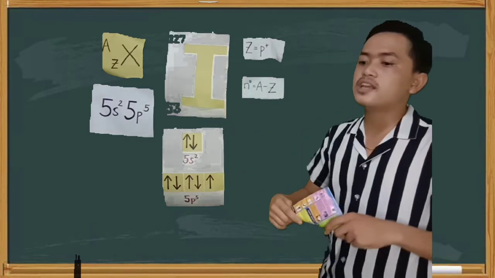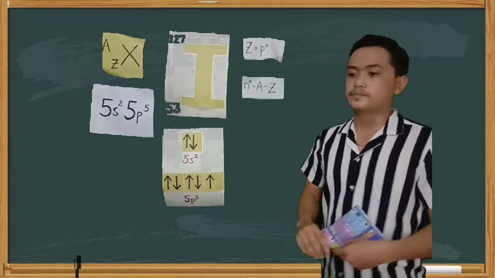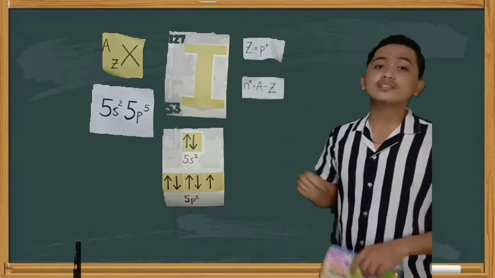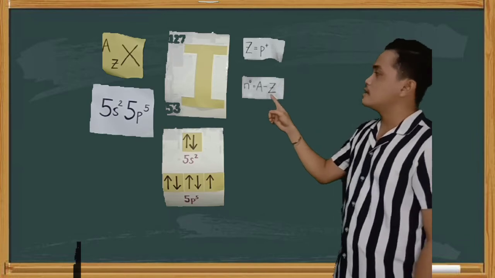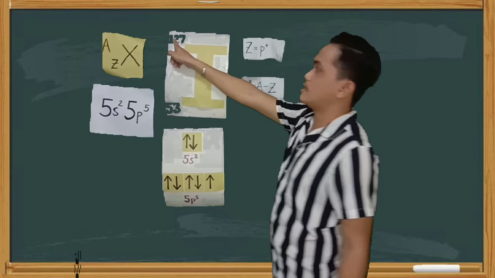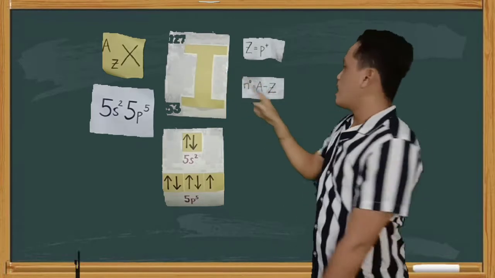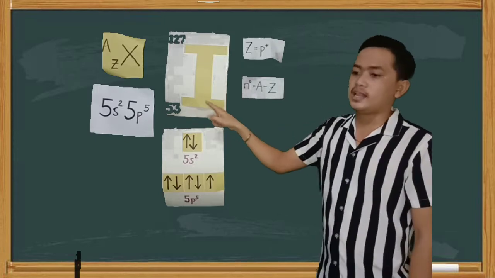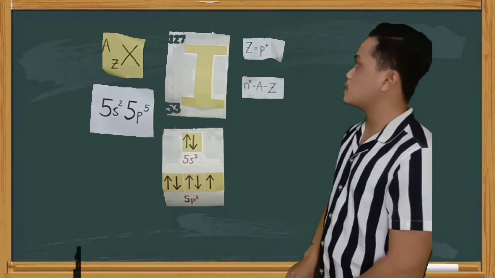So let's now calculate for the number of neutrons. We have here the formula N equals A minus Z, where A represents the atomic mass of an element and Z represents the atomic number of an element. So let's now substitute.